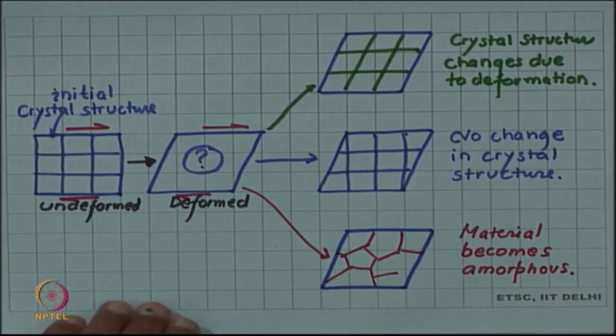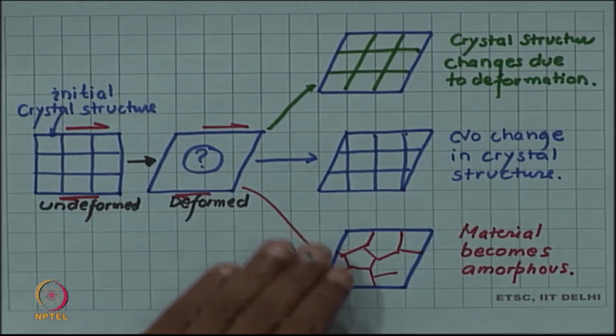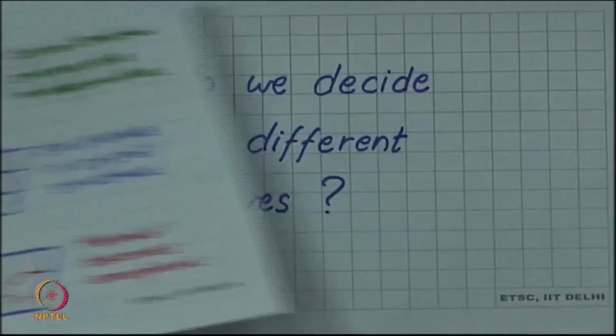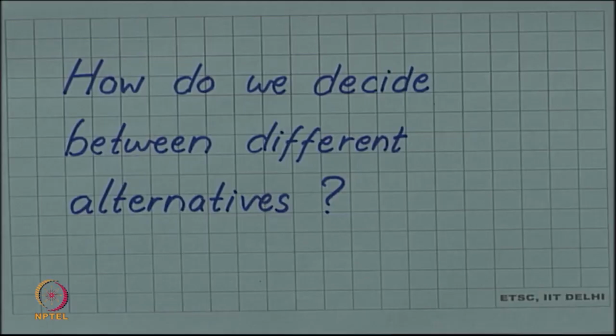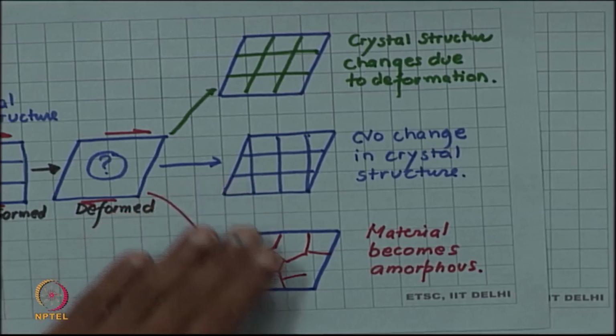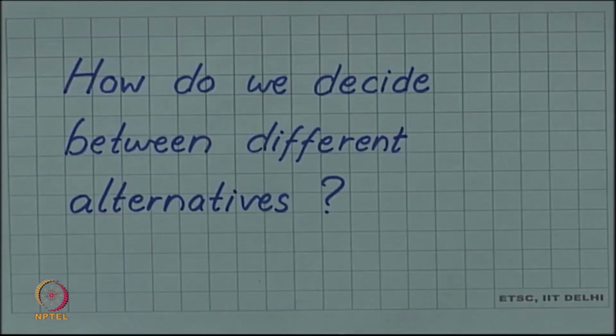But the question is, how do we decide between these three alternatives or any other alternative that you think of? What is the basis for decision? How do we say whether the crystal structure changes or does not change, or the material becomes amorphous? This is where a great scientific distinction comes from the ancient scientists like Aristotle.